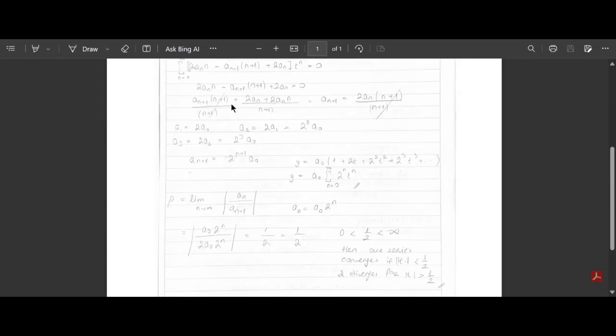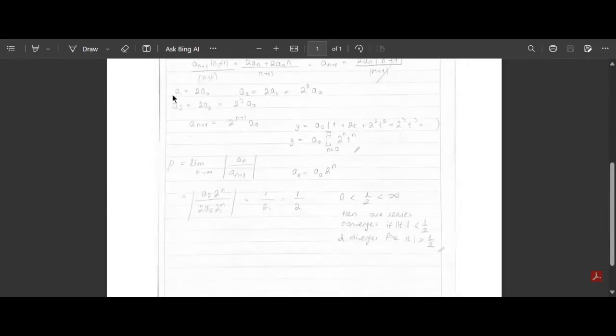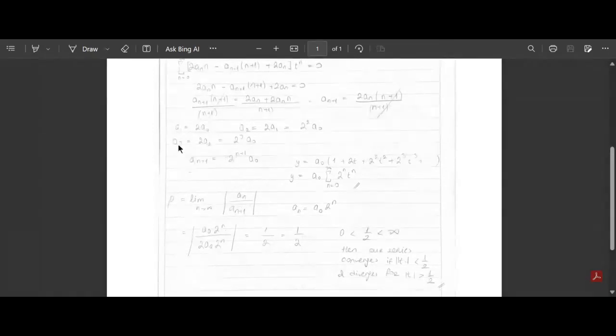Right. So I solved for it, and then I tried to find a couple of terms, and I see that there's a relationship like this: for a sub n plus 1, we just take 2 to the power of n plus 1 times a naught.